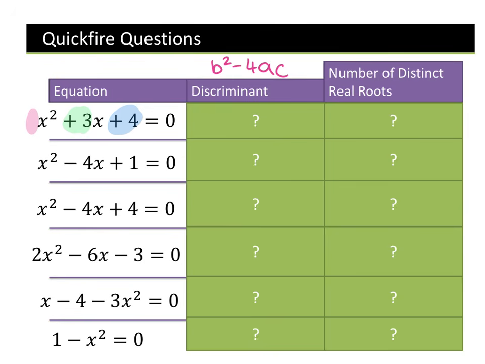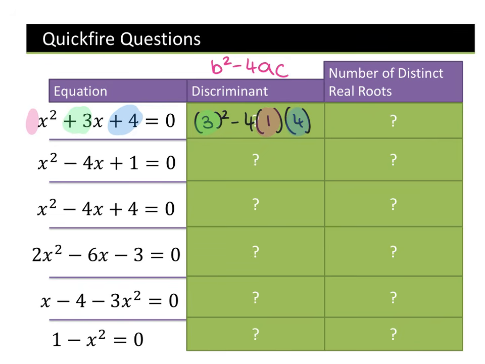For the first one, I'm going to have b squared, and this is very important, whenever I substitute, I use brackets. 3 squared minus 4 bracket 1 bracket 4. Some of you might be able to do the discriminant in your head for each one, but I just want to make sure we are completely happy with how this looks, so you know where every point has come from.